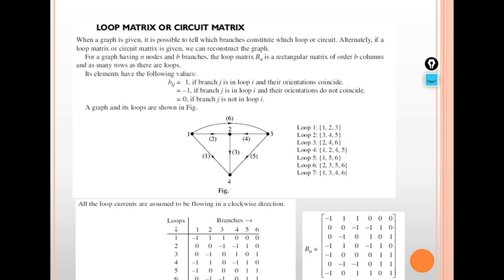Whatever tree you draw, there must be 3 twigs. And links are b minus n plus 1. So with n minus 1 being 3 and b total 6, 6 minus 3, the links should be 3.